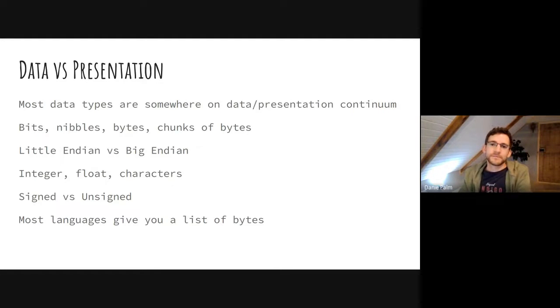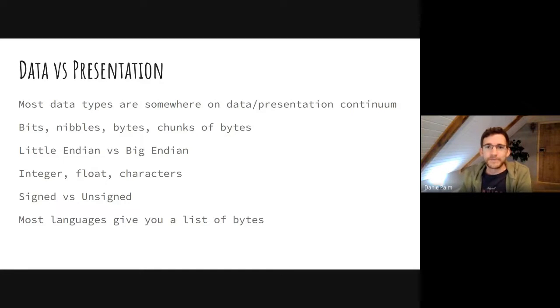But when it comes to binary data, your language can't really help you that much, because it doesn't know what you want to do with the binary data. Are you interested in bits, nibbles, bytes, chunks of bytes? If you're dealing with multiple bytes, do you use little endian or big endian encoding? Do you want to represent it as integers or floats or characters? And if you do want to present it as integers, do you care about whether it's signed or not?